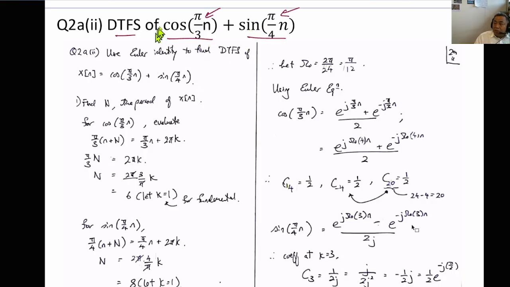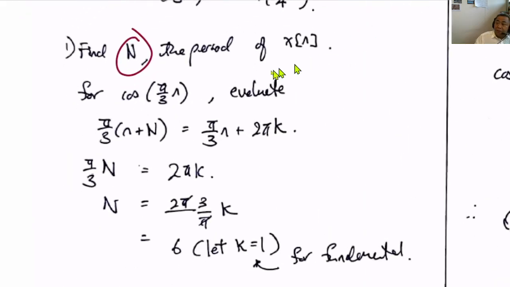Since there are two sinusoids of different frequency, and we're asked to find the DTFS, the first thing you need to do is to find the capital N, the period of these two sinusoids. Let's do it one by one.